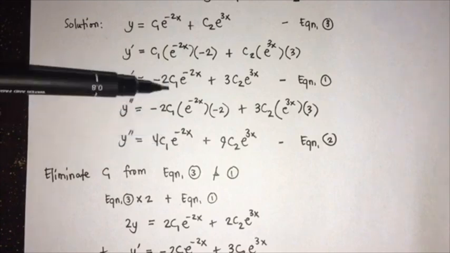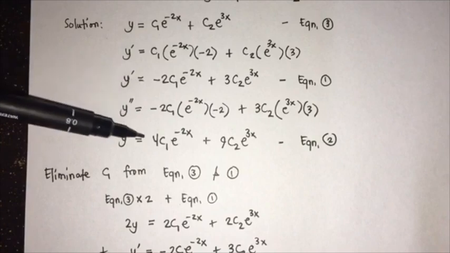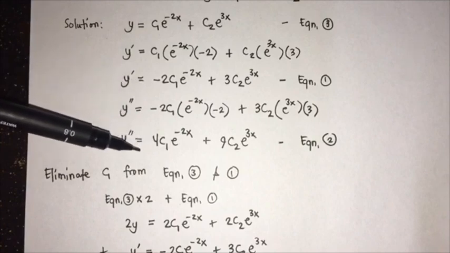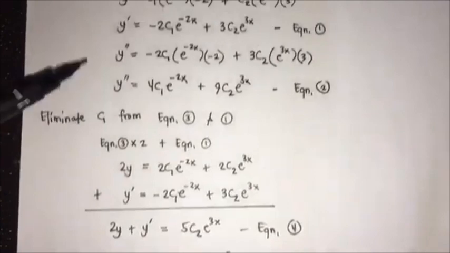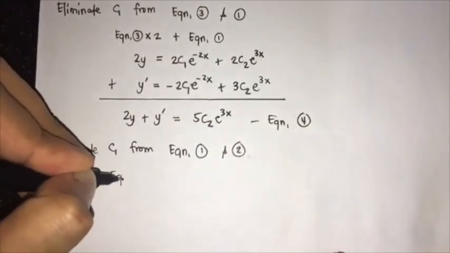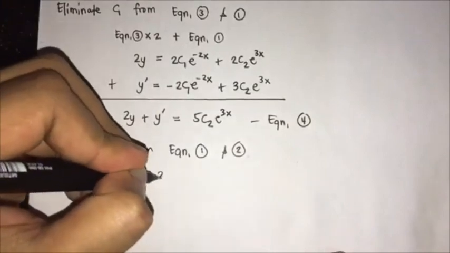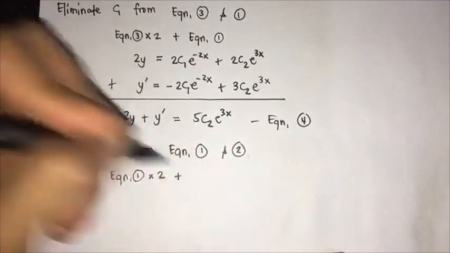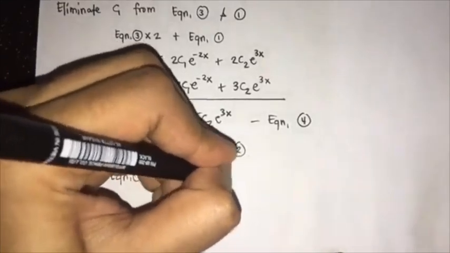So we can eliminate C1 by multiplying equation 1 with 2 and then adding it with equation 2. So multiply equation 1 by 2, and then add equation 2.